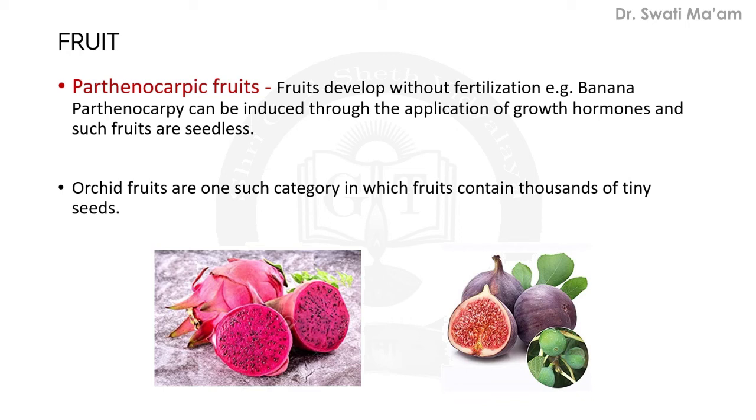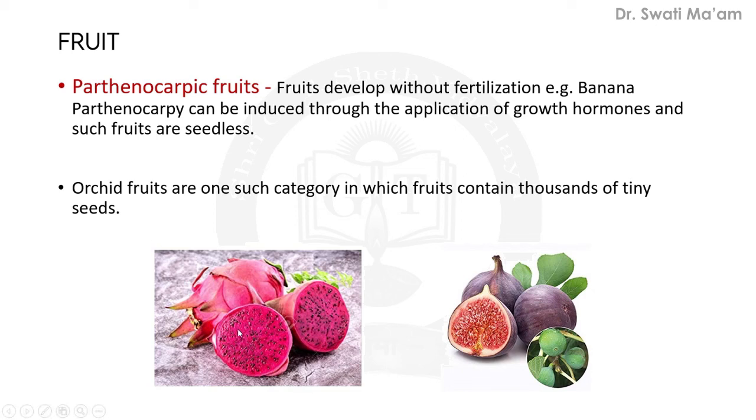The best example is banana. We use banana many times, but we don't know that it is included as an exceptional example of parthenocarpic fruit. Another such example is the orchid fruit, which is one of the categories in which fruit contains thousands of tiny seeds.